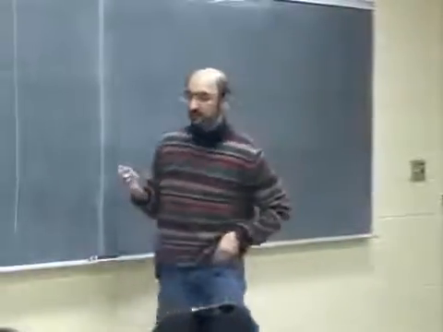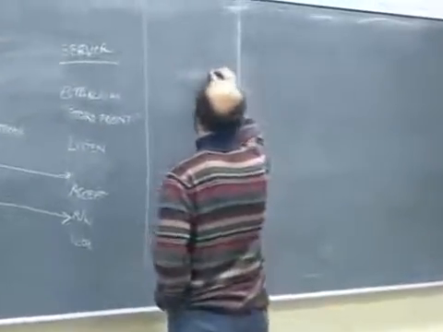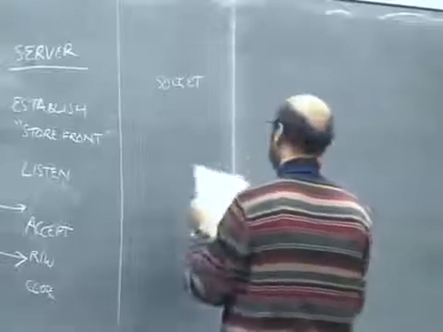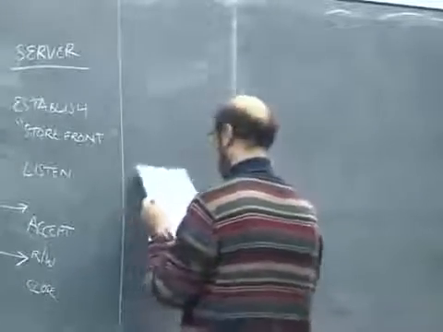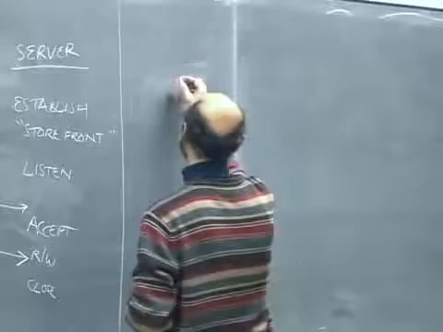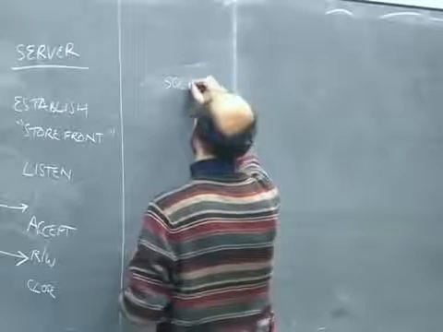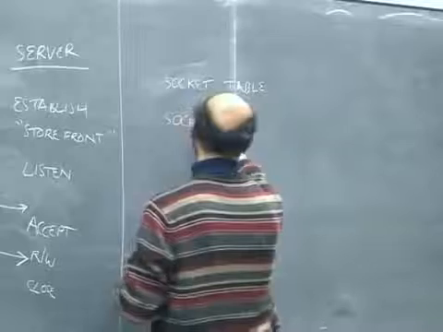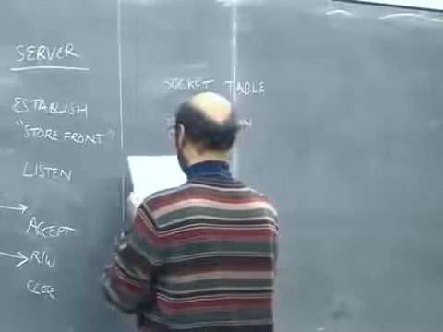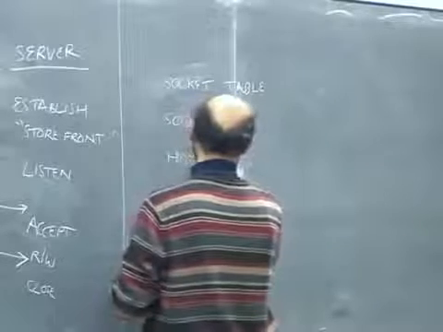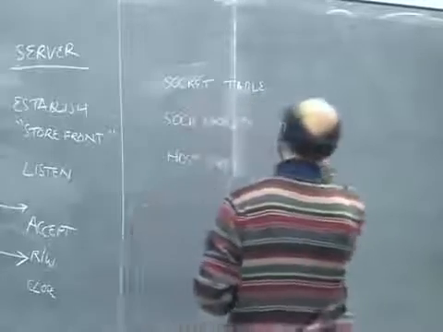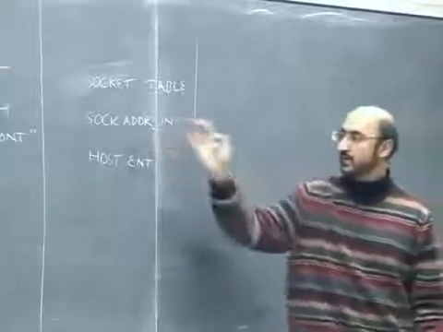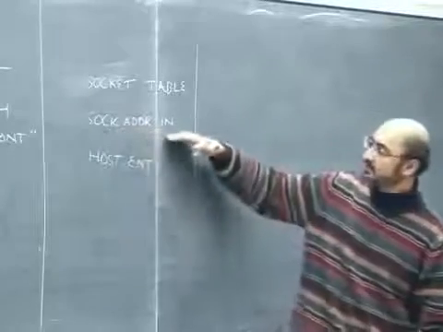The three data structures that encapsulate everything we're going to do are the socket table, something called the sockaddr_in, which sort of means socket address internet, and then the hostent, or host entity.